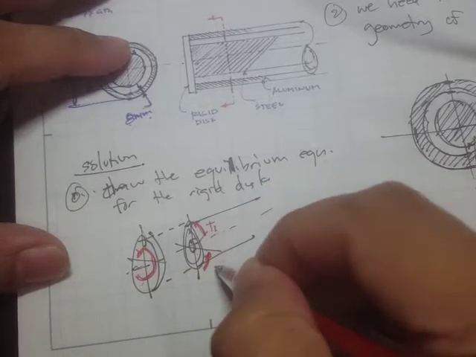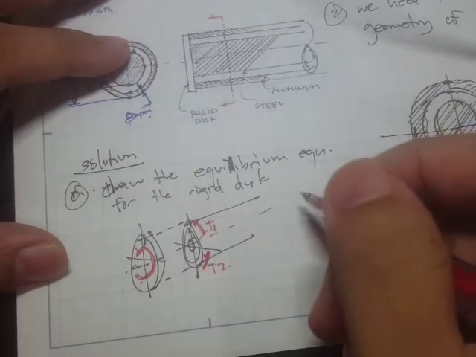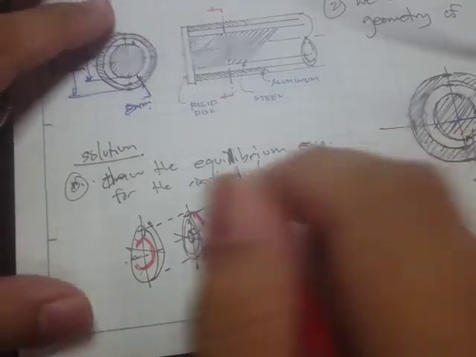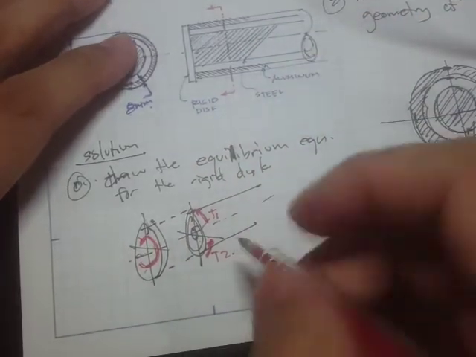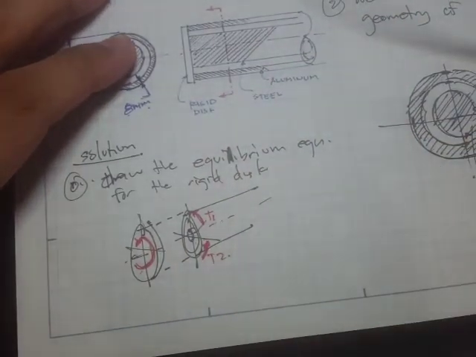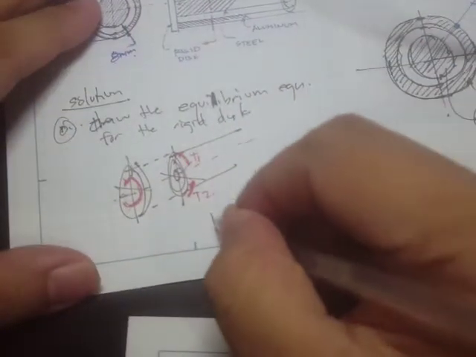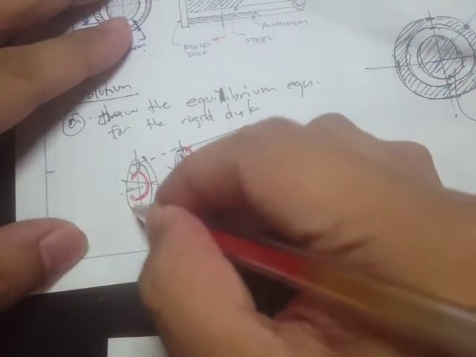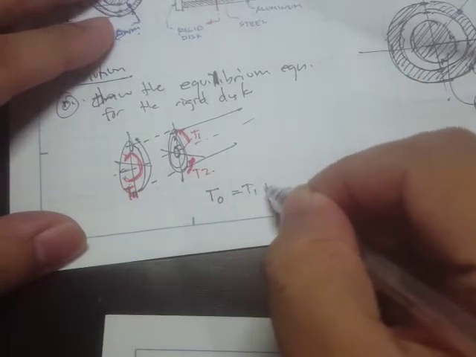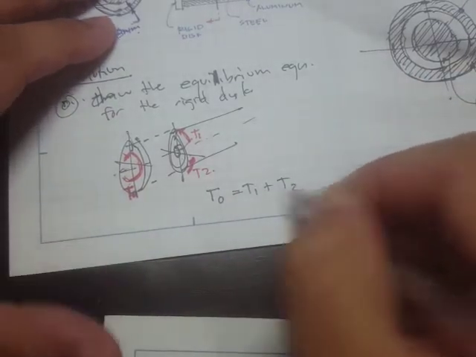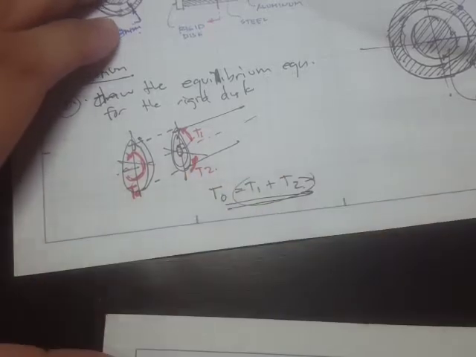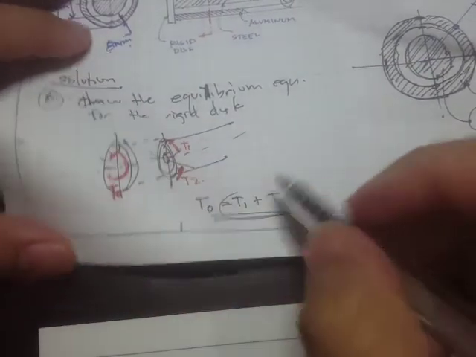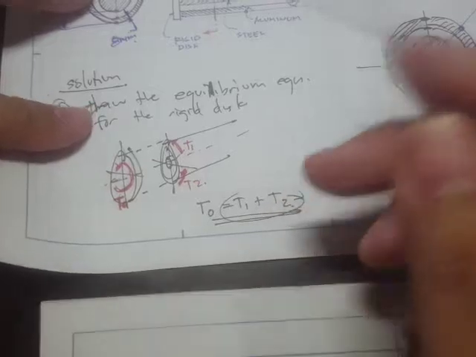So this is T sub 1, this is T sub 2, and the equation right here should be, let's say this is T0, because that's the total torque. So T0 is equal to T sub 1 plus T sub 2, right? So that's going to be our basis.